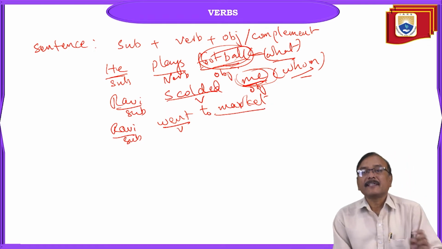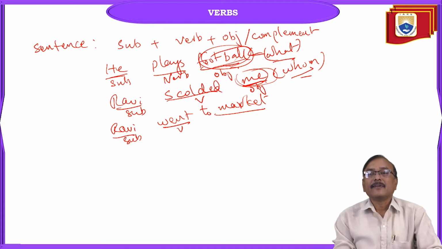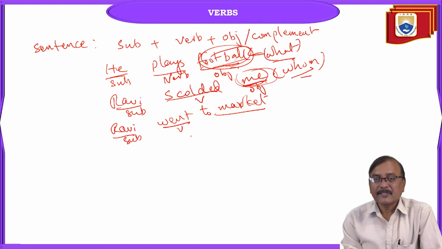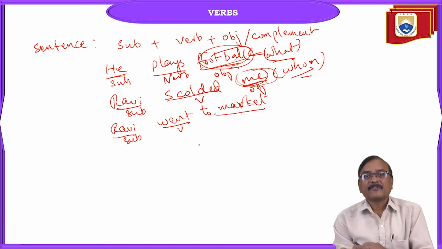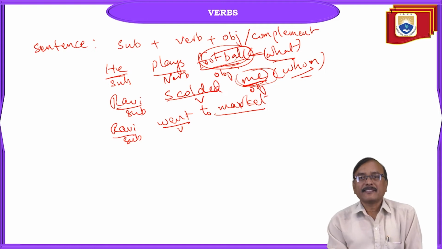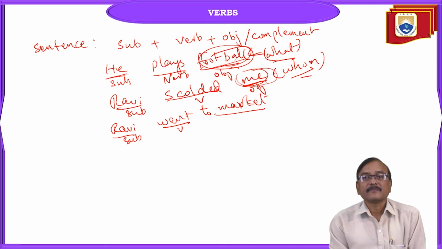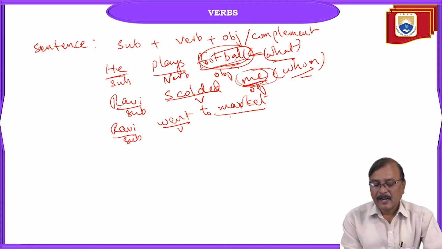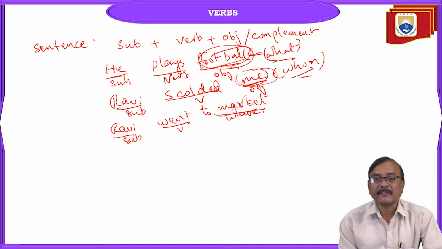Is it an object? No, it is not an object. See, what is the question you are framing after went? Ravi went where? So this is the answer for where.